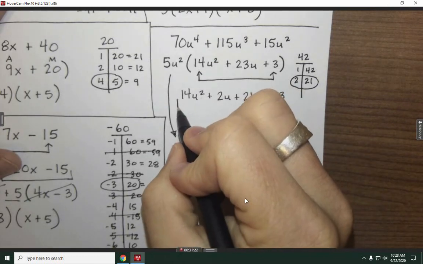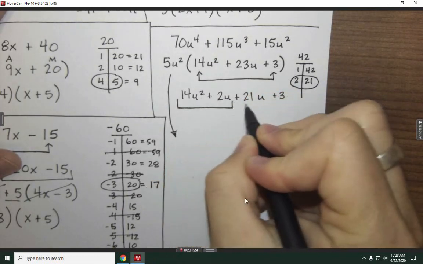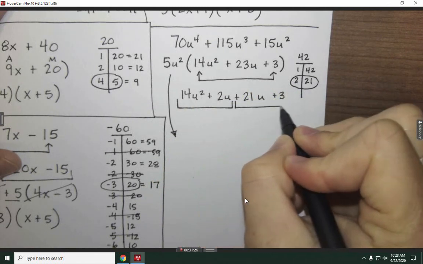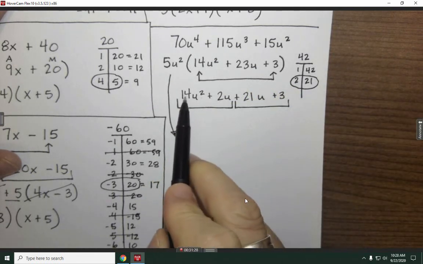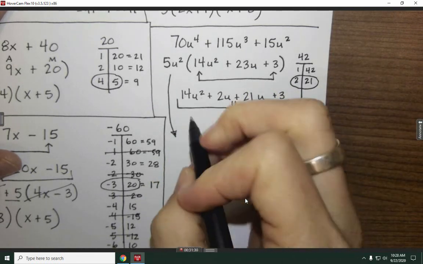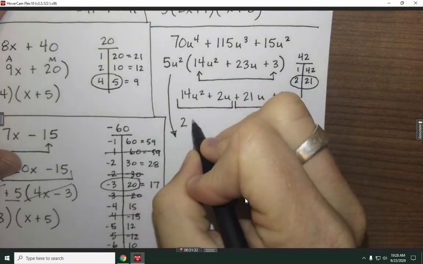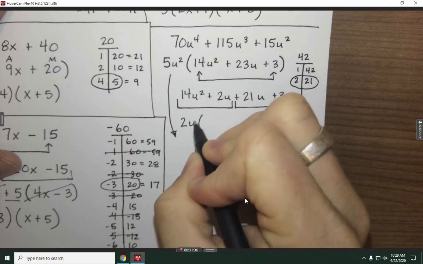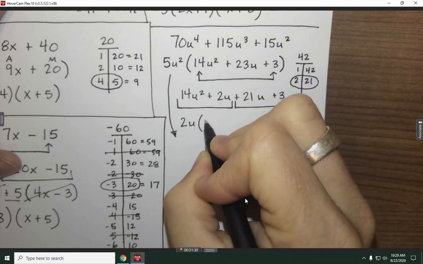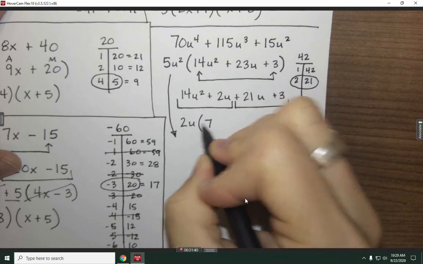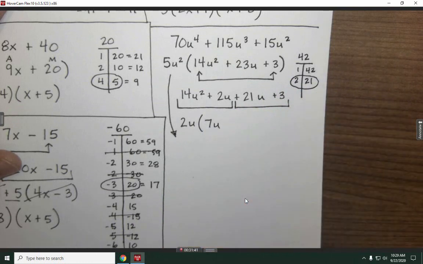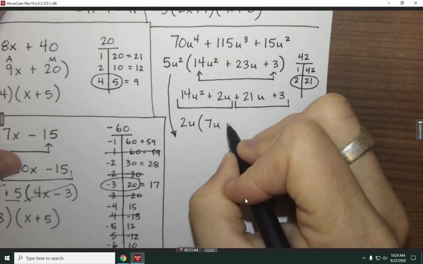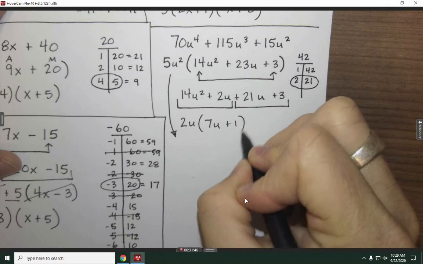Let's group these together. So we can divide these both by 2. And they both have a u. 14 divided by 2 is 7. 2u's, we took 1 away, so there's still a u left. 2u divided by 2u is 1.